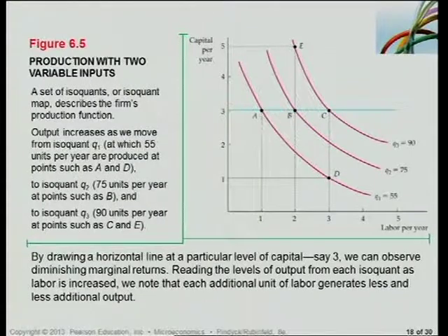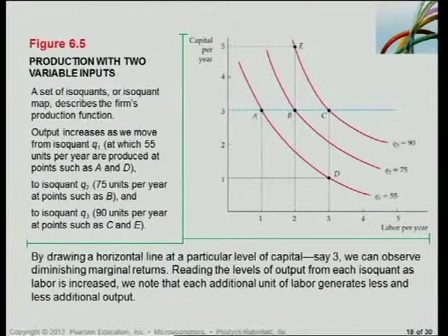If you are either at point A or D, it doesn't matter. If you are at point A, you make use of 3 units of capital and 1 unit of labor, or you're at point D using 1 unit of capital and 3 units of labor, you will produce 55 units of the product.